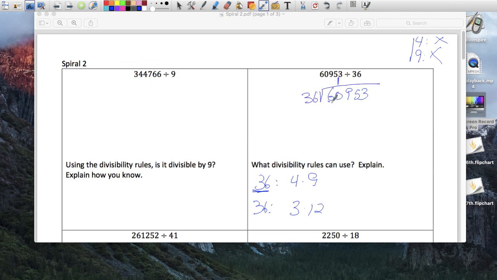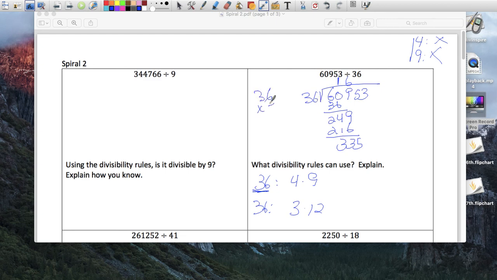Goes one time, 36. I have 24 left over, bring the 9 down, that's going to be a 6. 6 times 6 is 36, carry the 3, 6 times 3 is 18, plus 3 is 21. Bring the 5 down. No, wait, will it be 9?